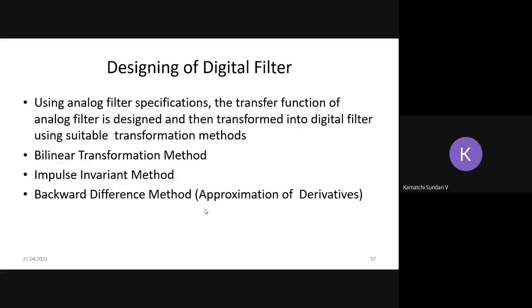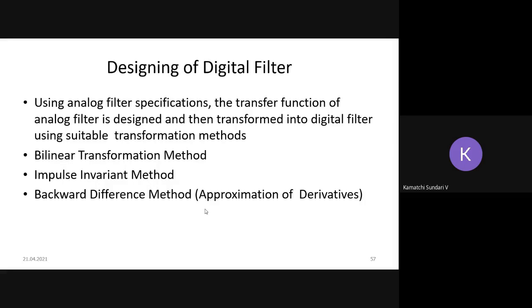What are the transformation methods used for the conversion from analog filter to digital filter? Here there are three famous methods: bilinear transformation method, impulse invariance method, and backward difference method, otherwise called approximation of derivatives.